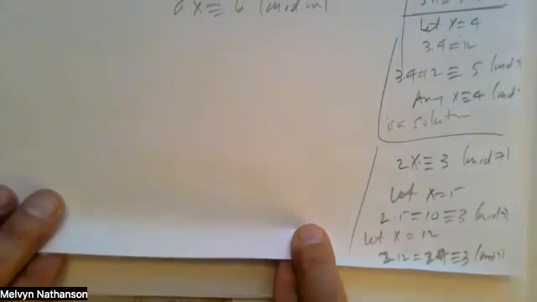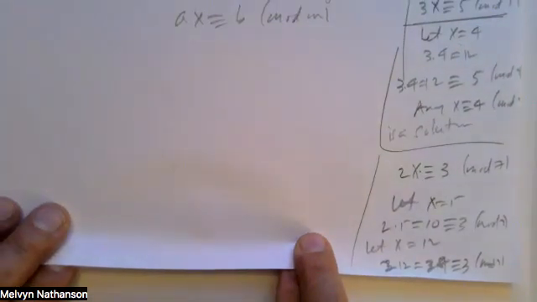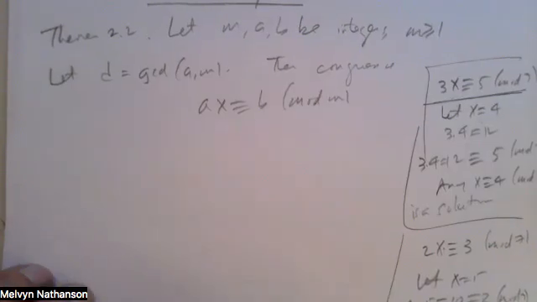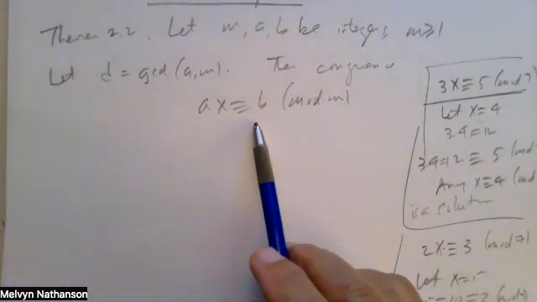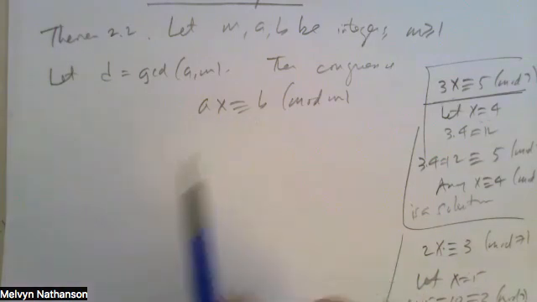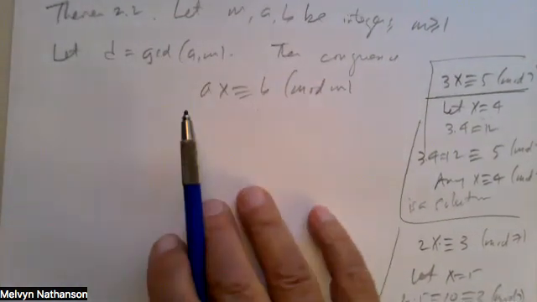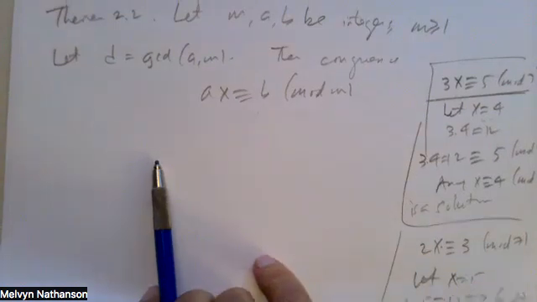It's important to understand the examples in order to understand the theorem. Right? We're solving a linear congruence. You have a modulus m, integers a and b, and we want to solve ax congruent to b mod m. Now, some equations don't have a solution.